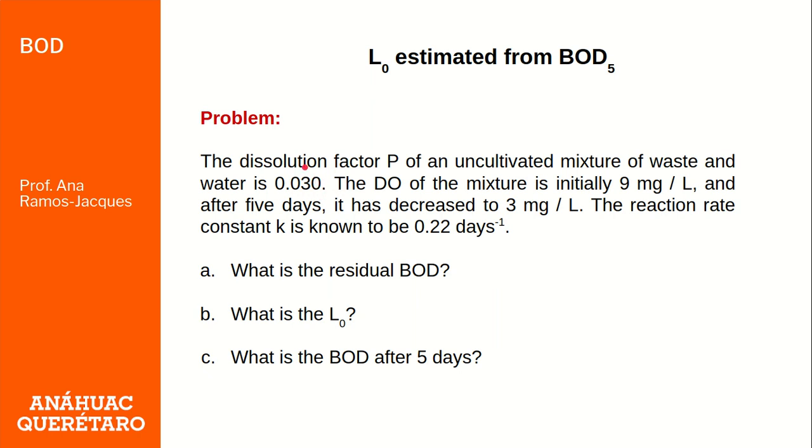You can see that it's a mixture of waste and water, and the dissolved oxygen of the mixture is 9 milligrams per liter, and after 5 days it decreased by another delta to 3 milligrams per liter.